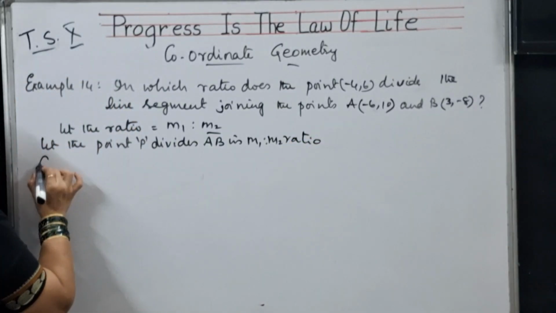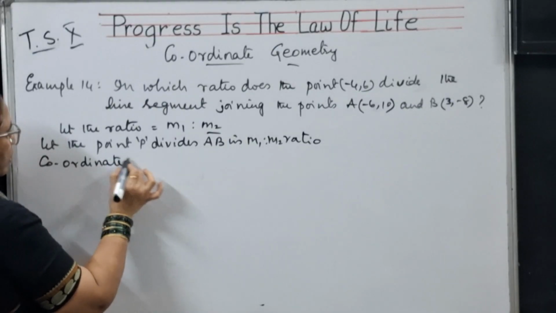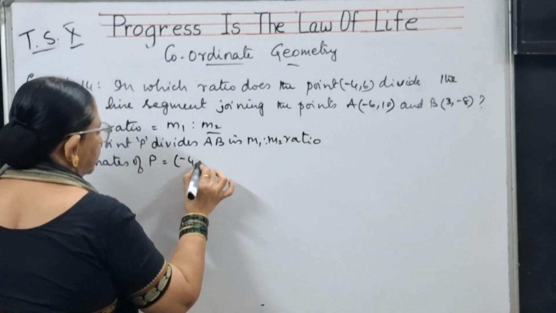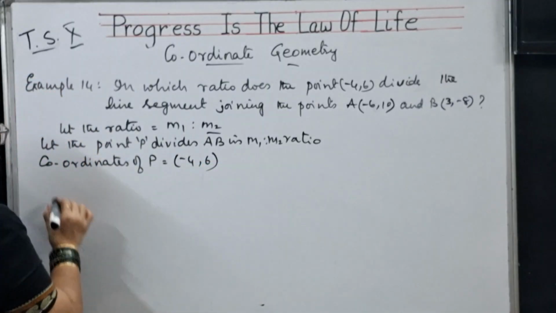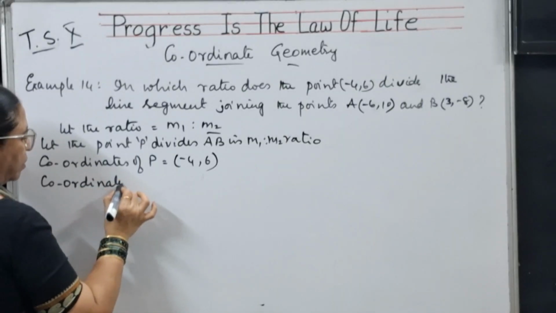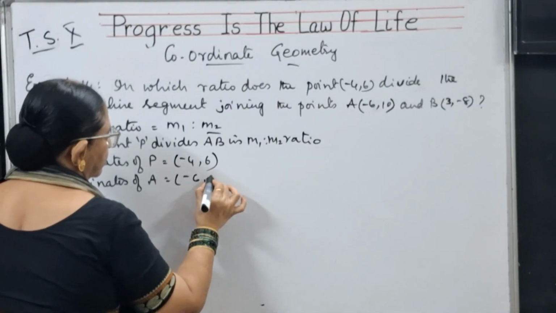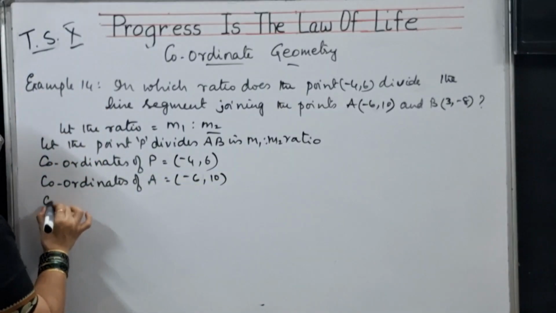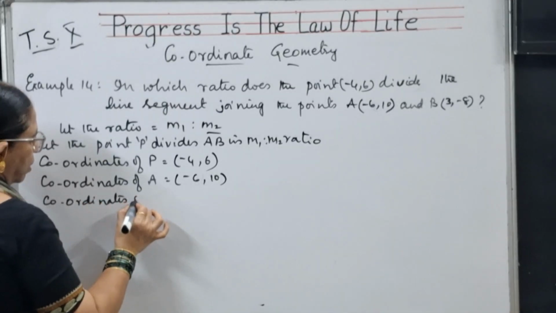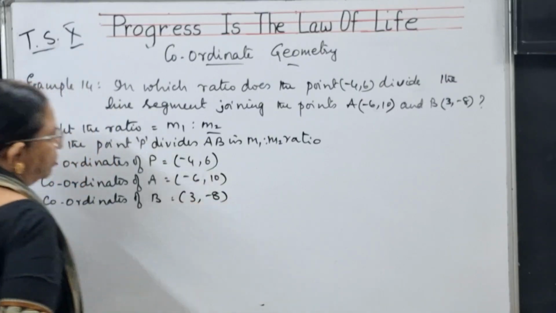So the coordinates of P, what are the coordinates they have given? (-4, 6). And also they have given the coordinates of A as (-6, 10) and the coordinates of B as (3, -8).